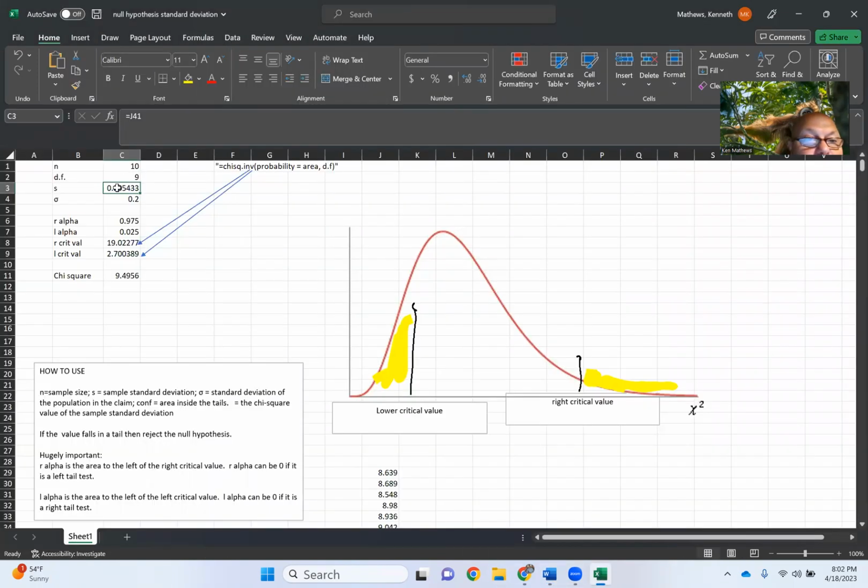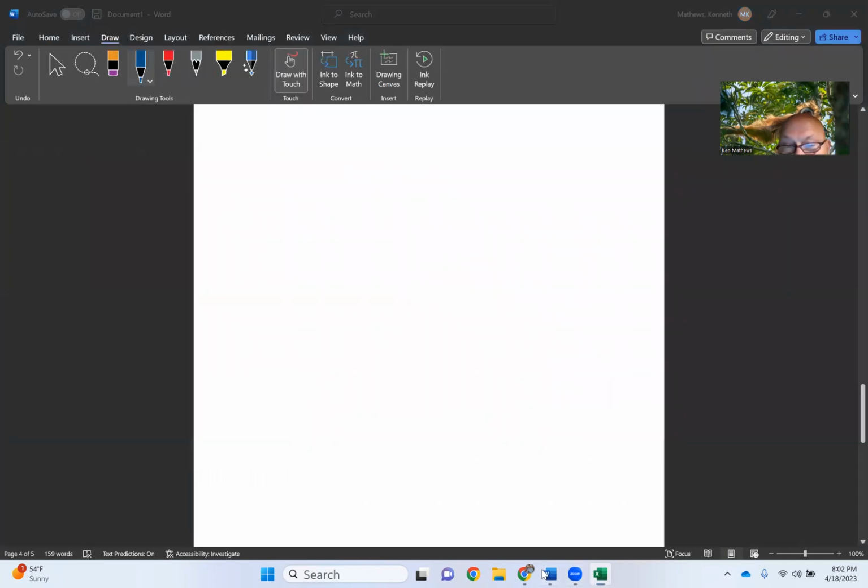So this is 0.22. This is 0.08. Now it's a left-tailed test, so right alpha is going to be 0, and left alpha is going to be 0.10. So the left critical value is 4.16, 4.17.